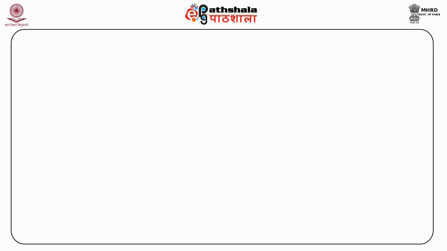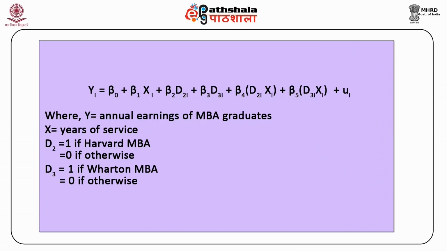To illustrate it further, we consider an example. Yi is equal to beta 0 plus beta 1 xi plus beta 2 d2i plus beta 3 d3i plus beta 4 d2i into xi plus beta 5 into d3i xi plus mu i, where y is equal to annual earnings of MBA graduates, X is years of service, D2 is equal to 1 if Harvard MBA, is 0 if otherwise.